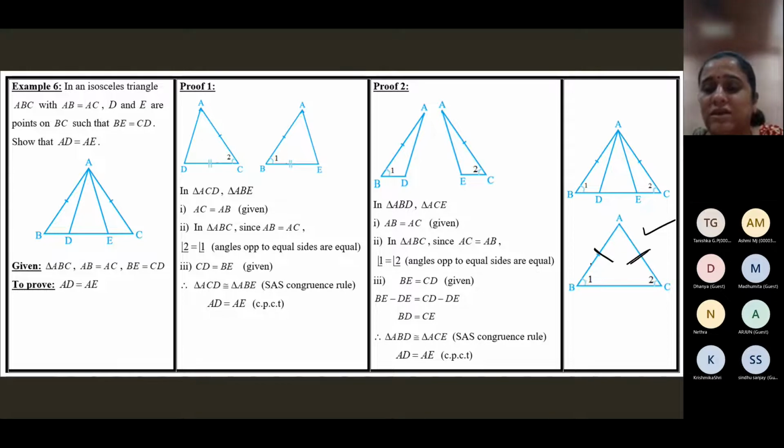These two sides meet here, so leave this angle, ignore this angle. This angle is equal to this angle. The equal sides meet here. Leave that angle. The remaining two angles will be equal.